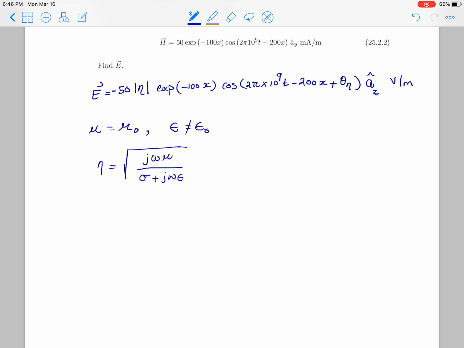So if I multiply the numerator and the denominator by j omega mu, I will end up with the following expression.